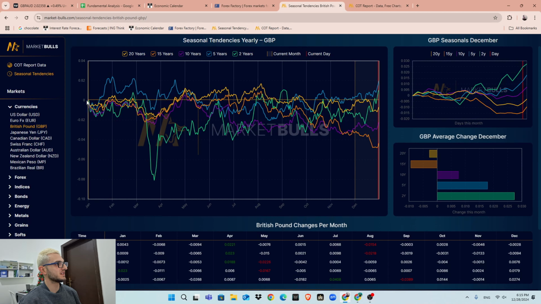So we might see retracement at the beginning, at the week and half of January. Then we might start to see appreciation of the pound.